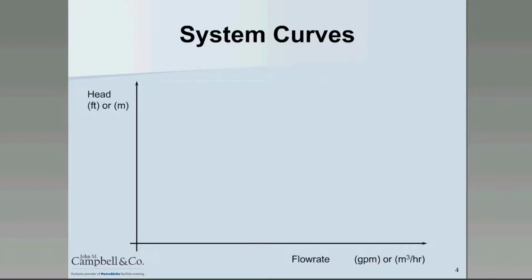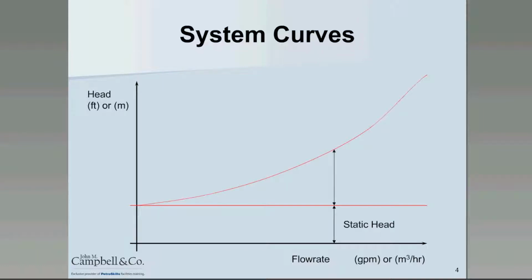So when we talk about a system, we can break the loads up in the system into two categories. The first being static components. These would be changes in elevation or differential pressure across the pump, pumping from one tank to a higher pressure tank, or from a low level to a higher level, up a hill or a mountainside, if you like.